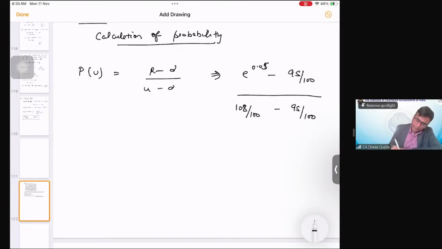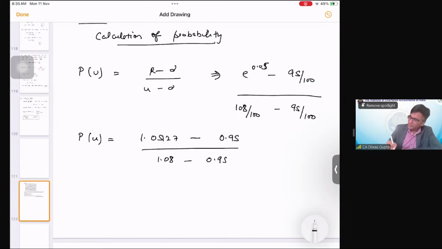So probability of price going up becomes 1.05127 minus 0.95 divided by 1.08 minus 0.95.